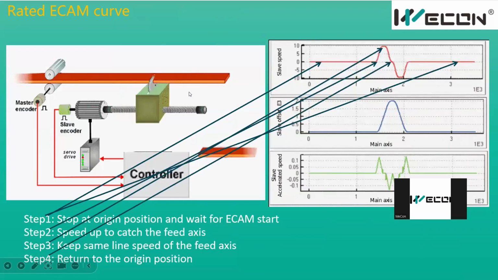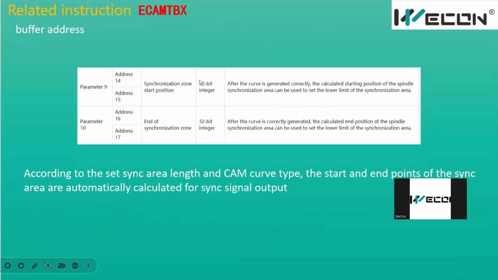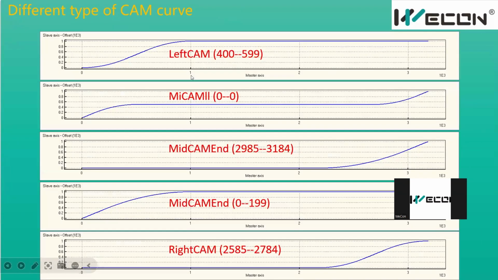For this installation, you can select the left cam, because at the beginning your cutter is on the top, and when running, your cutter will speed up, and in this area your cutter will go to the bottom point and cut the material, and go back to the zero position and wait here.